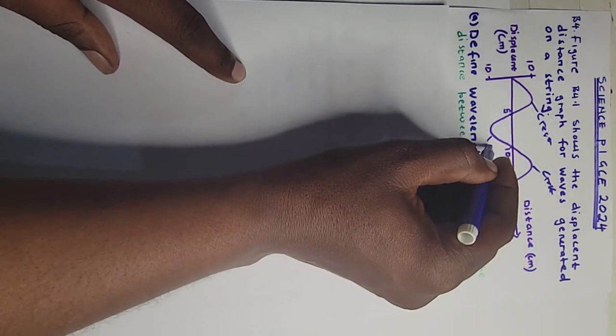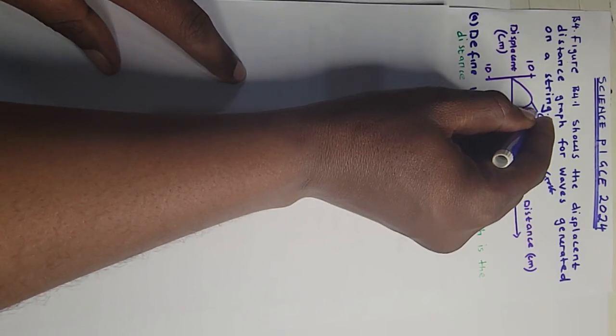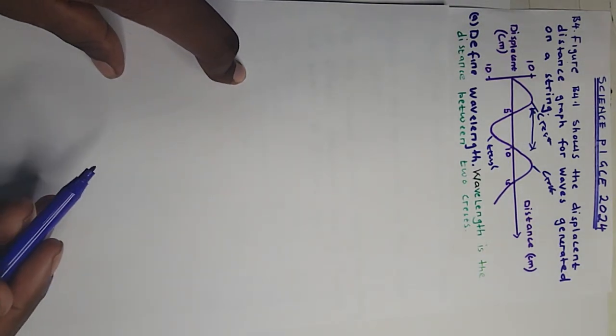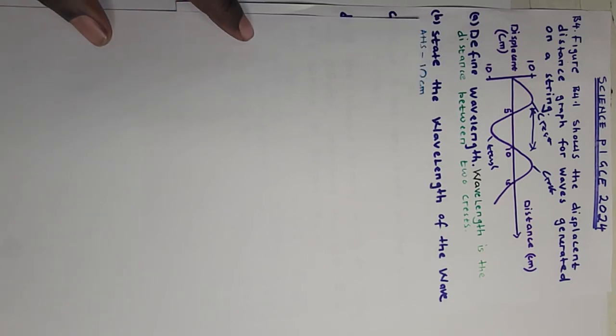Then here we have a trough. So this distance between two crests is called the wavelength.